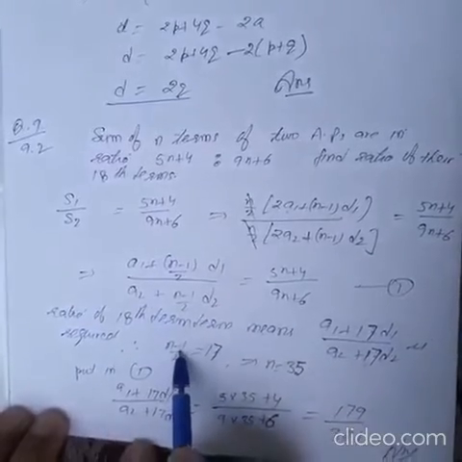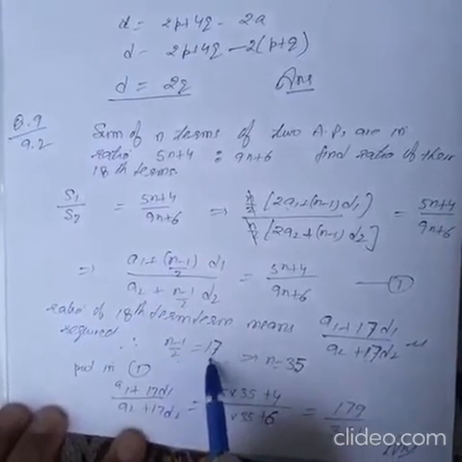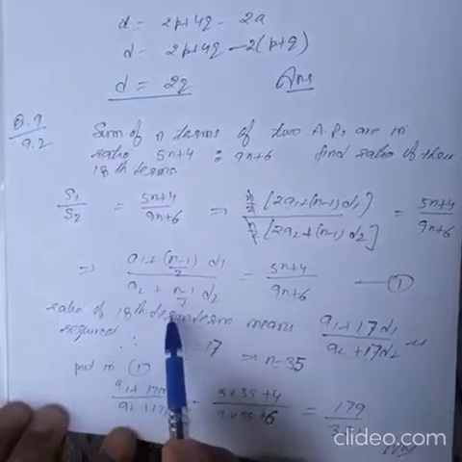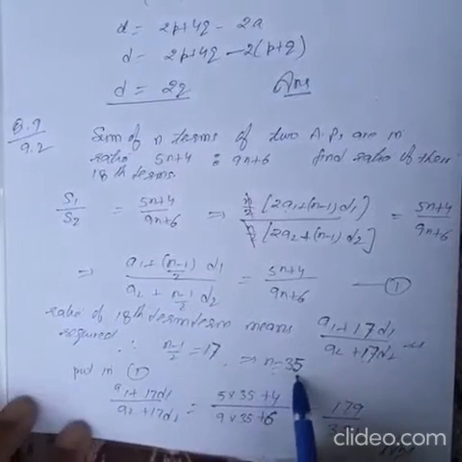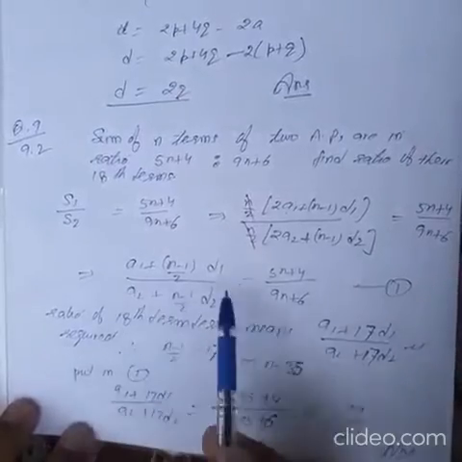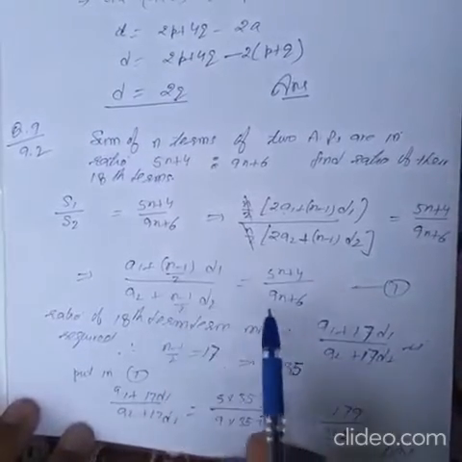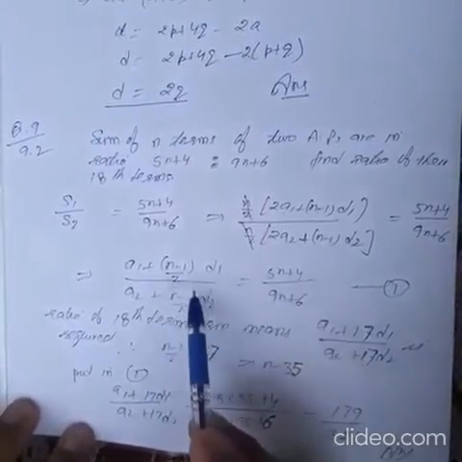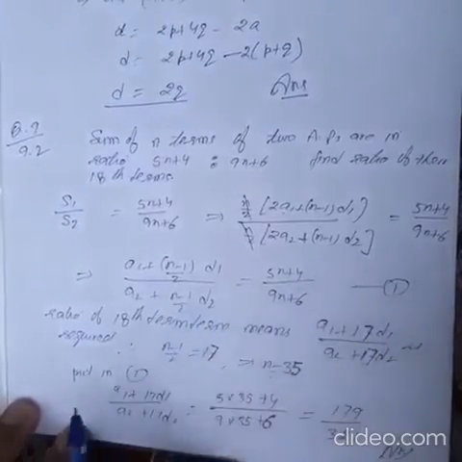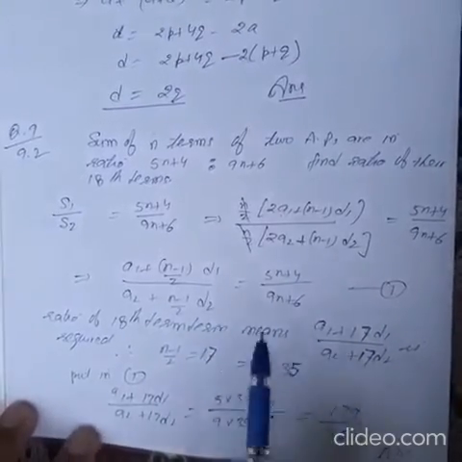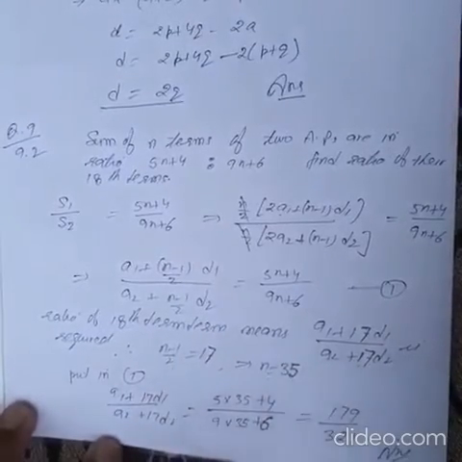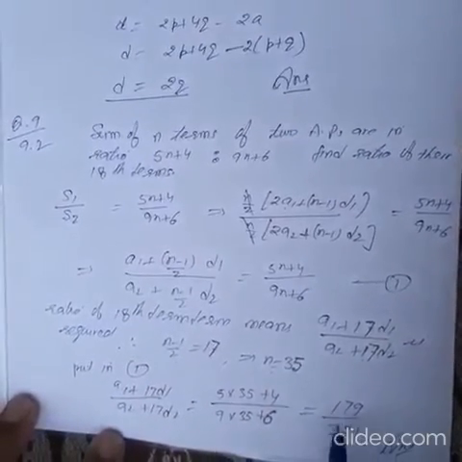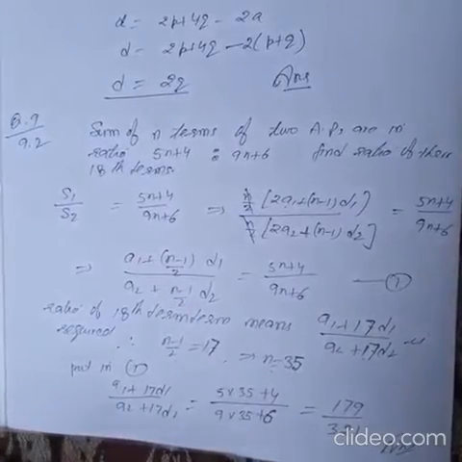So n minus 1 upon 2 should be equal to 17 to get the required ratio. And you calculate n from there, it will be 35. It means by replacing n by 35 in equation number 1, we will have the required ratio. So put n equal to 35 in 1 and you'll get the required ratio, which is 179 ratio 321. I hope it is clear.